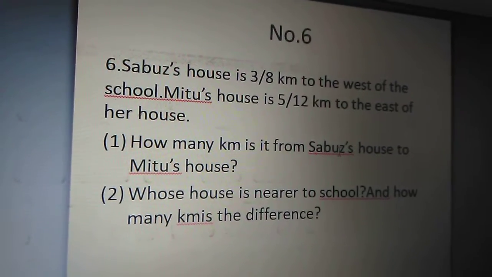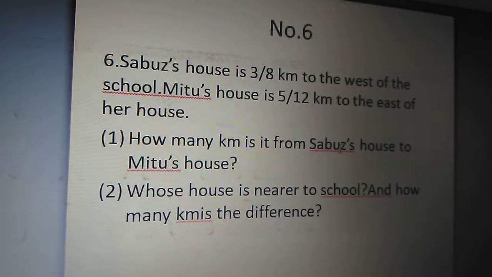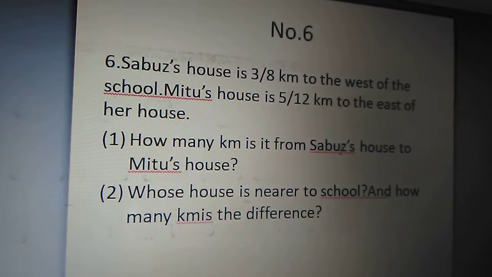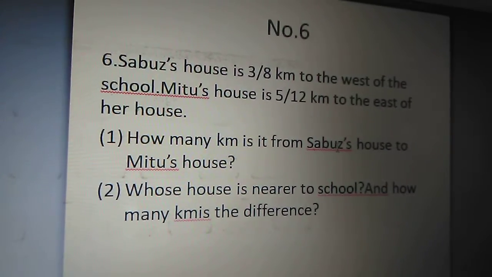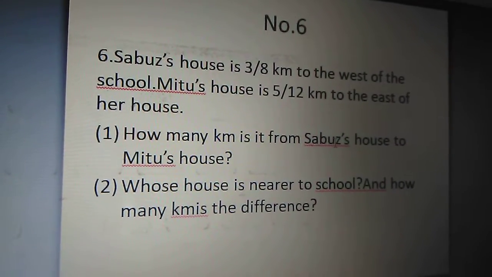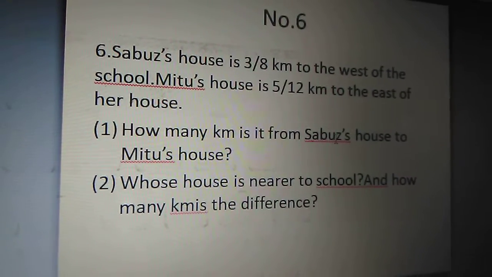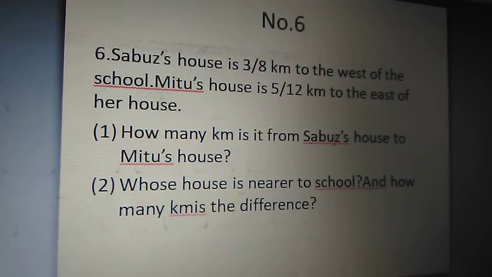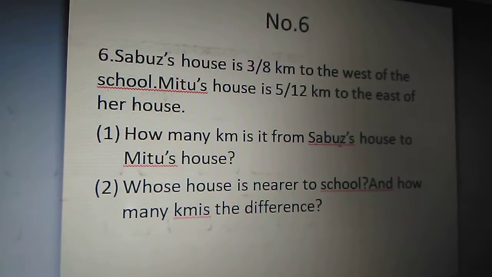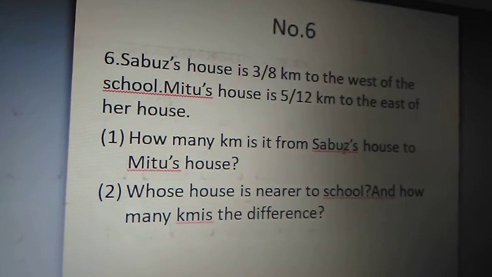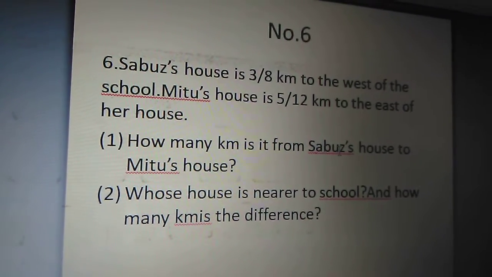For your better understanding, I repeat: if you want to make the same denominator of the given fractions, then at first you have to find the LCM of the given denominators. Then you have to divide the LCM by the denominator of each of the fractions.